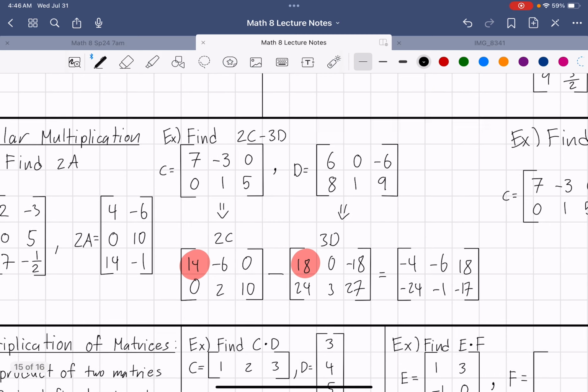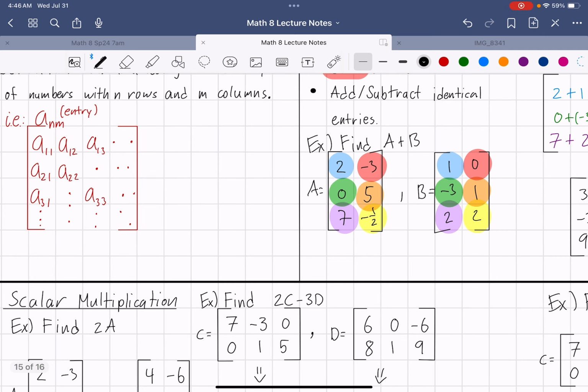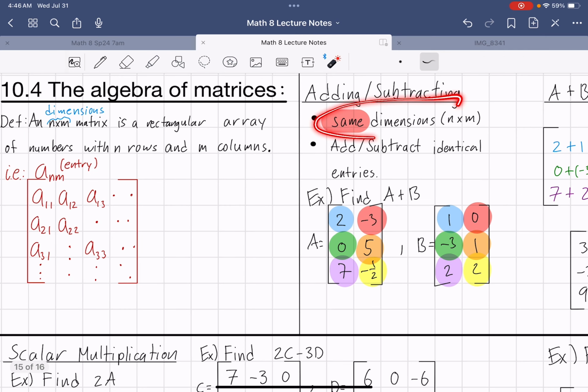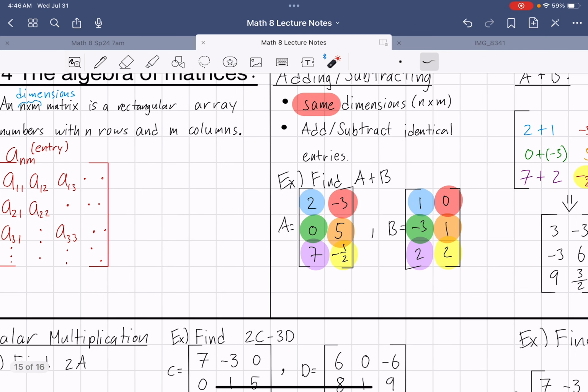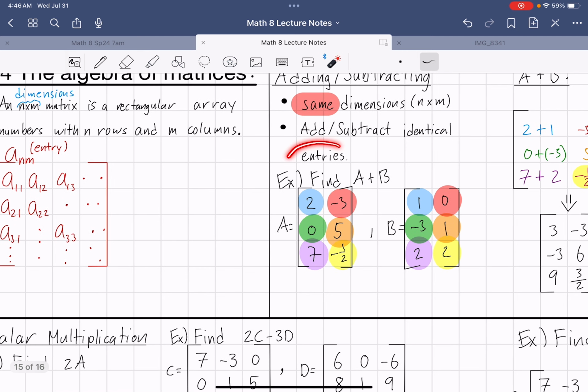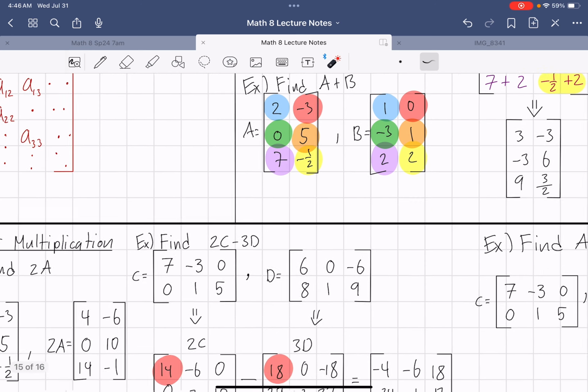Now, you can start seeing why we need the dimensions to be identical. Because if the dimensions were not identical, there would be an entry that does not match with the matrix that you're trying to apply that algebraic operation.